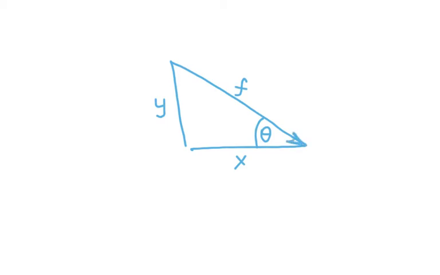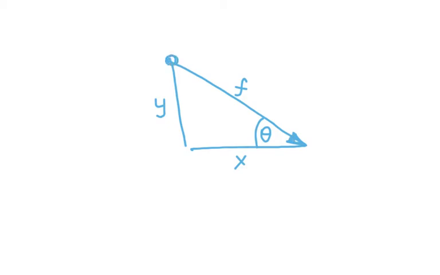Also, something interesting to notice when you do these inclined planes, if this is your angle theta, and this is my y and this is my x, and let's call this one force.